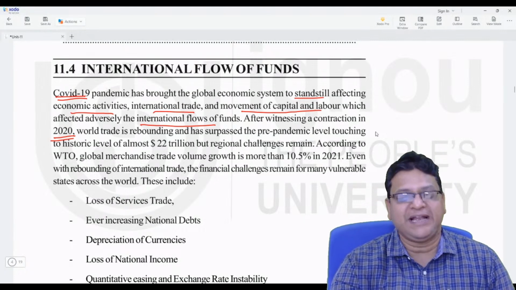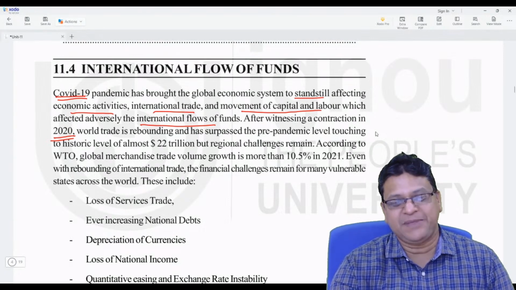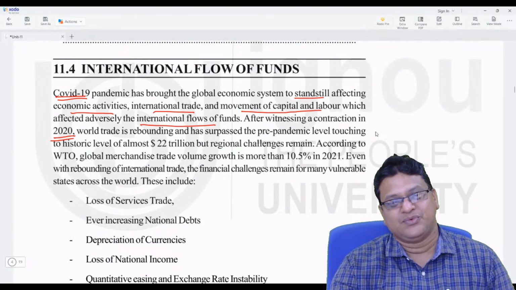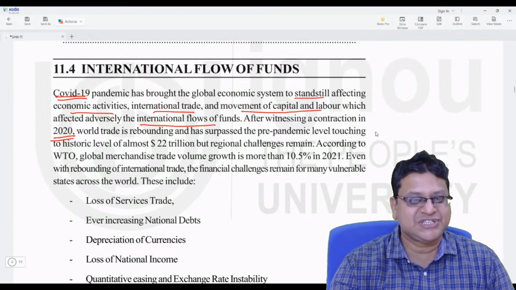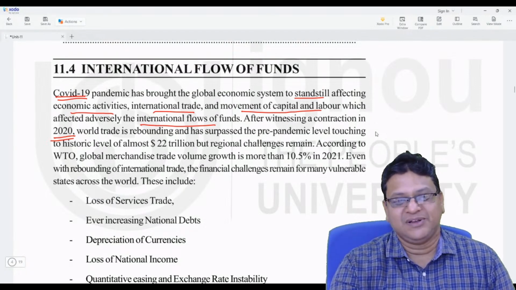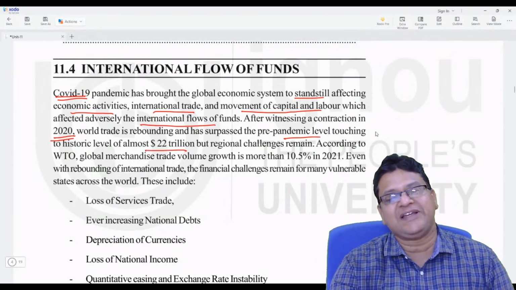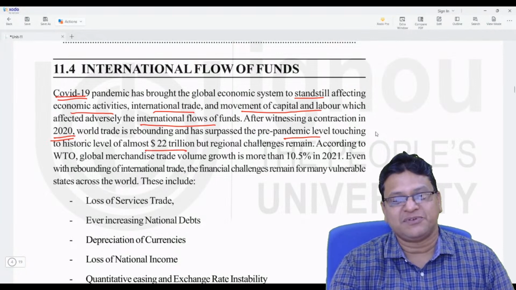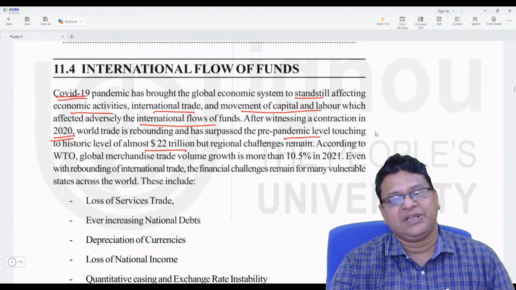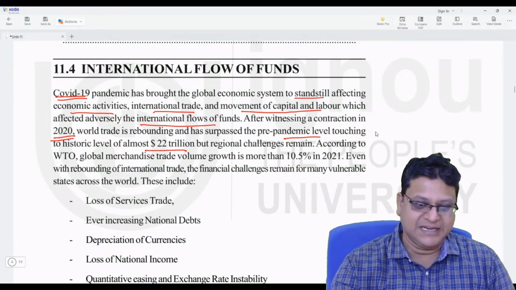Once COVID-19 is over, the effect of the pandemic is over, the world now tries to restore itself. It restores international trade. Nowadays, international trade has touched almost $22 trillion because of the growth in different economies which were at a standstill during COVID-19.